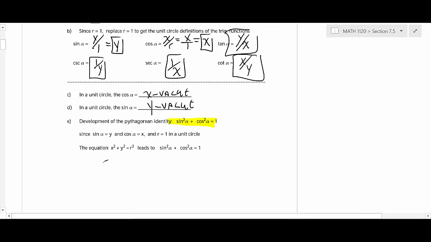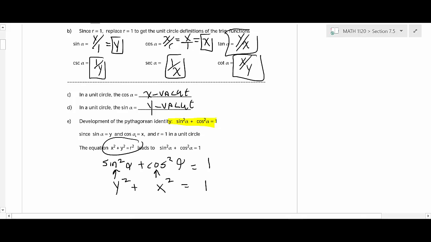So basically, this is what you end up having on this then. So first of all, we said in a unit circle, and we're going to put that 1 right there. In a unit circle, the sine is y. In a unit circle, the cosine is x. Okay, so what we end up getting is y squared plus x squared equals 1. And we already know that, right?